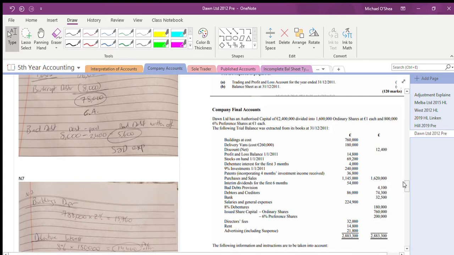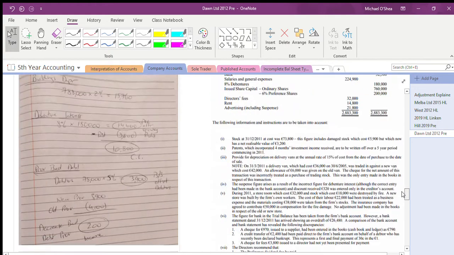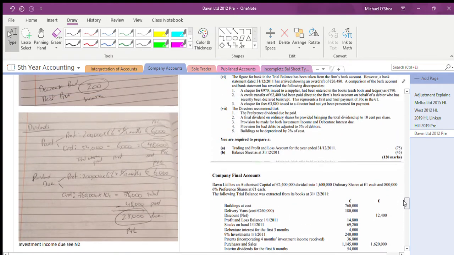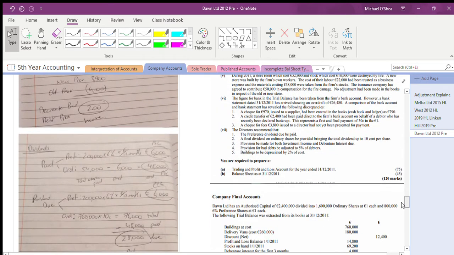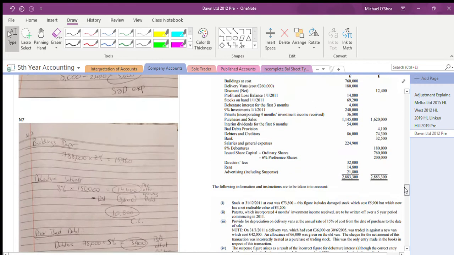So I'm going to scroll down, I think, where did I put it? Yeah. So my full issued preference shares of 200,000 at 6% gives me what I owe to my preference shareholders for the entire year, which is going to be 12,000.